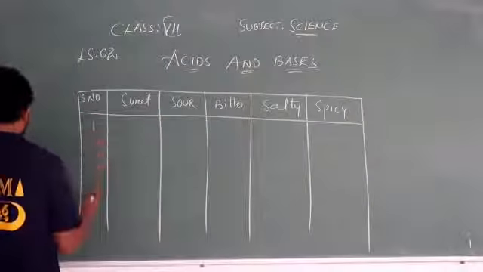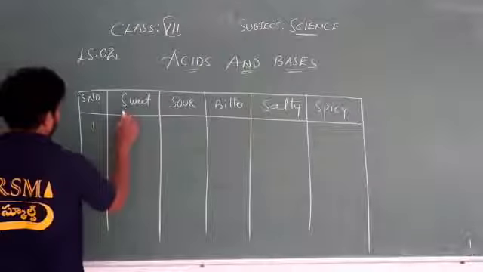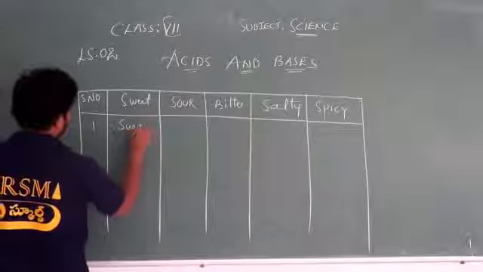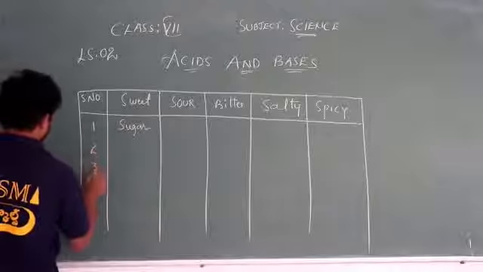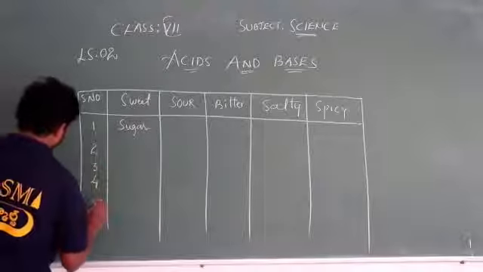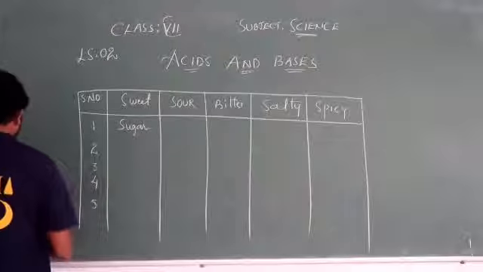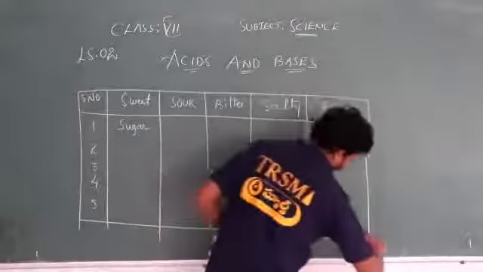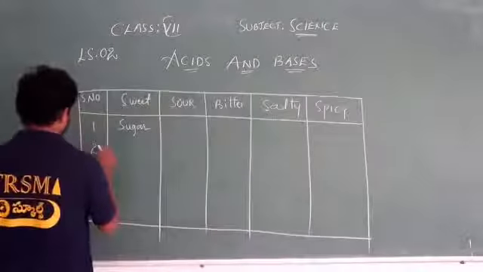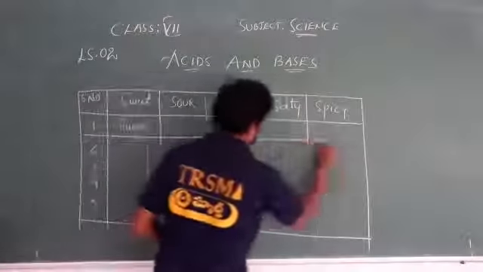First one, sugar, which is sweet. Let's see five different materials with different tastes.